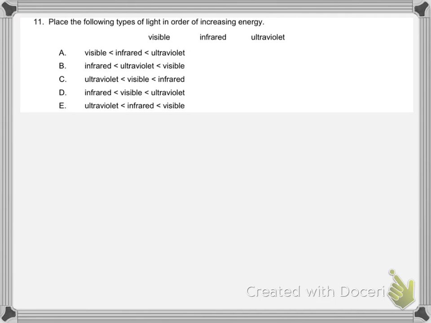In number 11, they want us to rank these types of light in terms of increasing energy. And so I'm going to start by just putting visible in the middle. And then we know that ultraviolet light is high energy because it's kind of dangerous. I actually just bought a UV sterilizing wand. So it kills stuff because it's high energy.